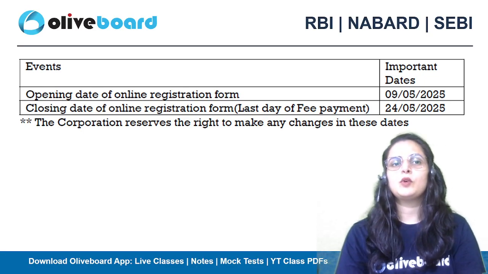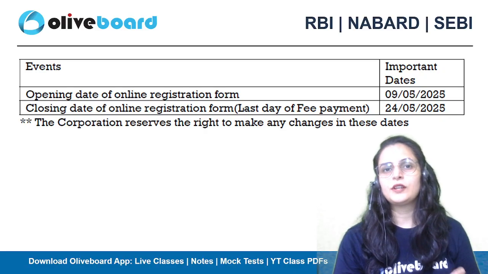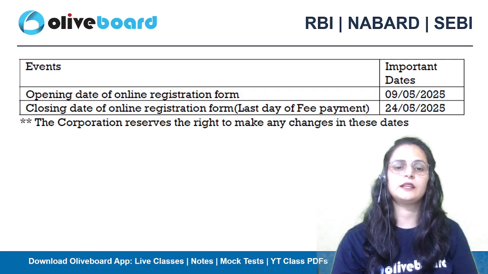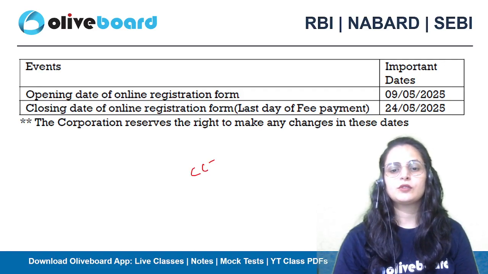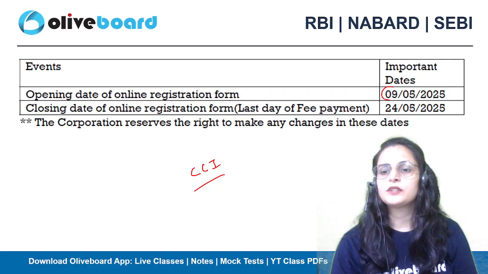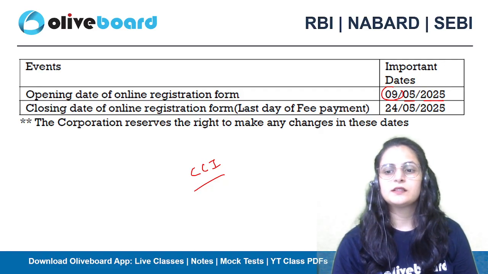Before proceeding to our main topic of exam pattern and syllabus, aspirants, I just want to tell you one thing. If you are targeting this Cotton Corporation of India vacancy, please note down these two important things. The online registration started on 9th May 2025, and you will be able to apply for these vacancies till 24th May 2025.